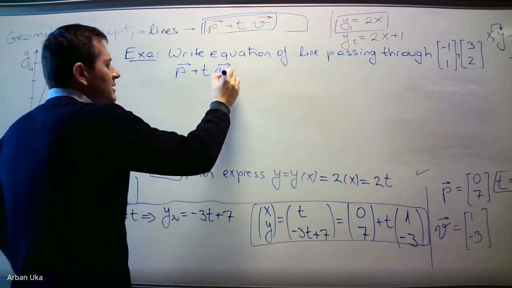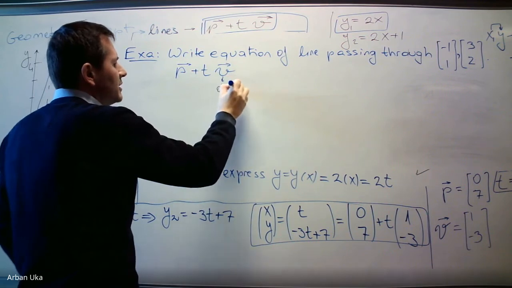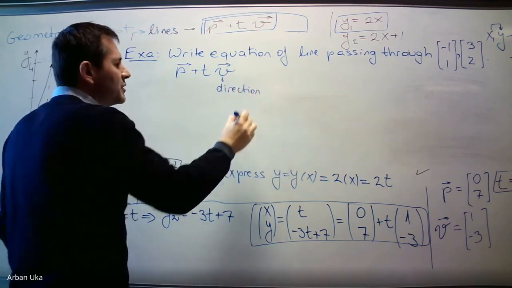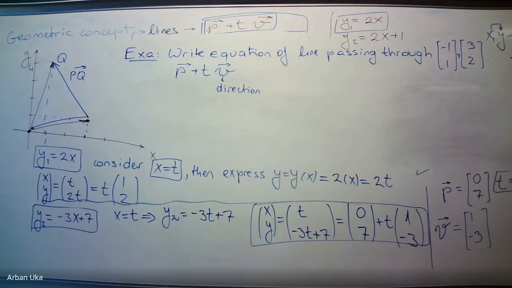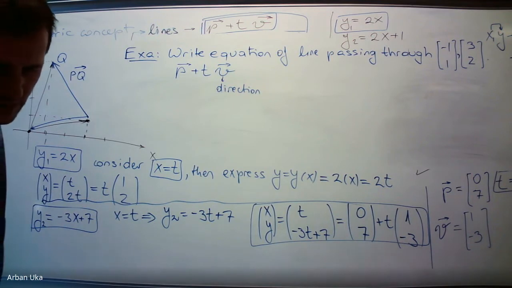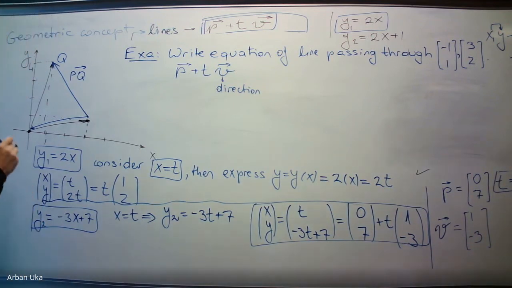But again, this is the direction, which also represents the slope. Let's go over this example. Let's notice what P is: minus 1, 1 is this point.